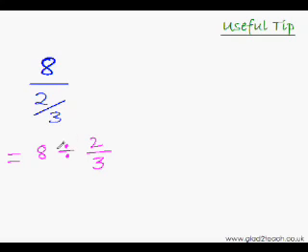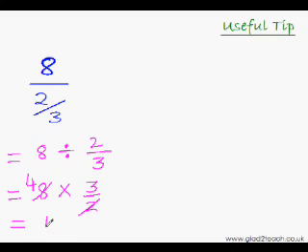And as you know that division is nothing but inverse of multiplication, so we can write 8 multiplied by the inverse of 2 by 3, that is 3 by 2. Now this can be simplified further. 2 4 times is 8 and 4 times 3 is 12. So that means this whole thing is nothing but 12.